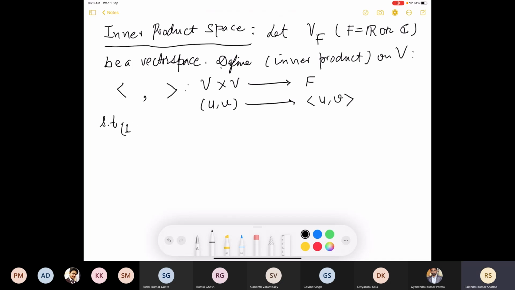The properties are as follows. Let us take what properties we needed in R2 over R, and almost all those properties we shall be taking up now.